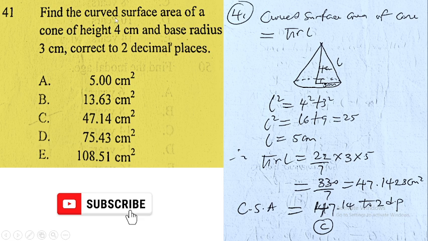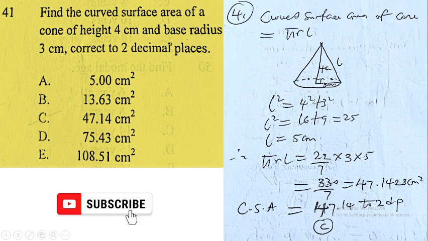So the curved surface area of a cone is pi r L. r is the base radius, and L is the slant height of the cone. So you will be given the height of the cone as 4 centimeters. You will be given the radius 3 centimeters, and this will form a right angle triangle. So you can use that to find the slant height as well.